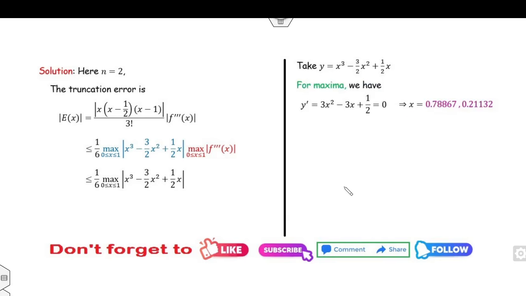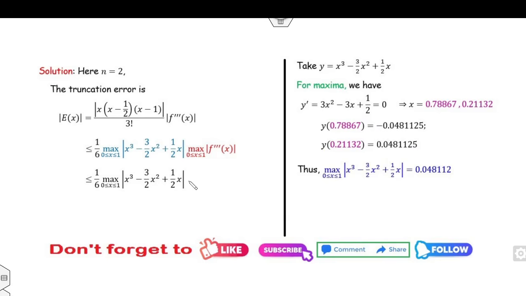Fine. After the calculation, you will get the two numbers, this one. And both the numbers lie between 0 and 1. Therefore, you can calculate the value of y at the point 0, at this point, and you can find the value of y at this number. Fine. And look at which one is the maximum. Now you can see both the values are the same in terms of the absolute value. Fine. So I can substitute this value at my given point, and your answer is this one.